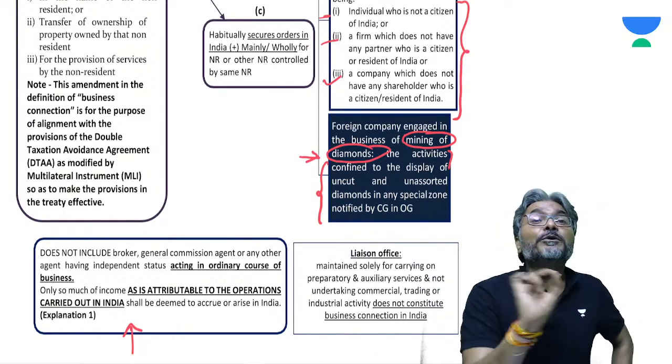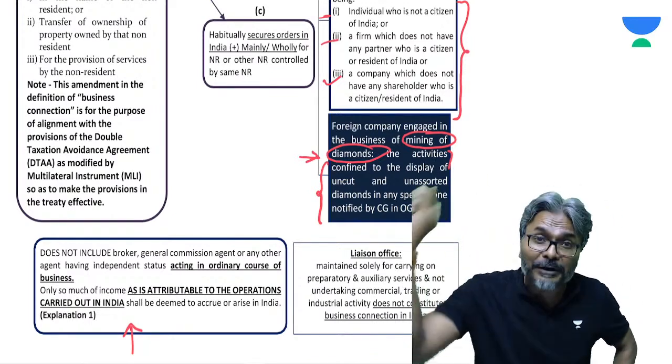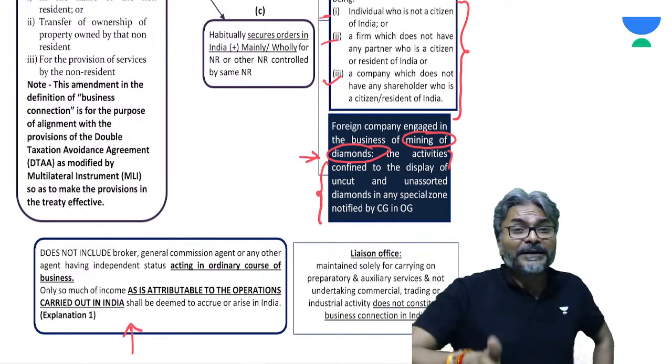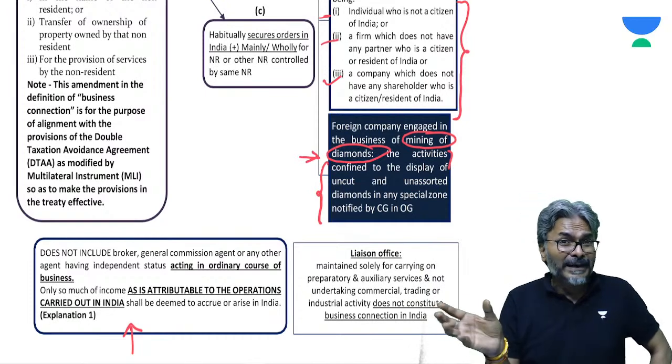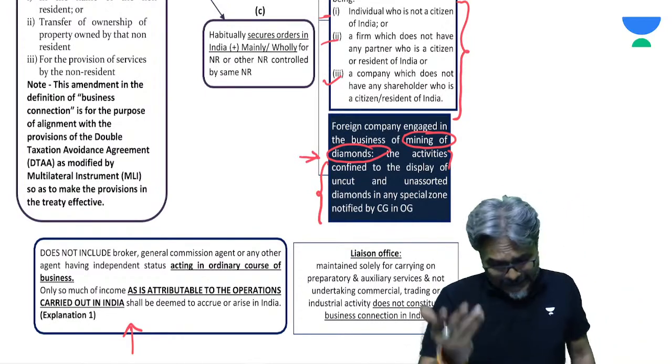This is what you need to write in your theory in your examination, because all of you are aware that in international taxation, for 30 marks, some 5 marks of the questions are of theory, and this was one of the questions in your MTP.